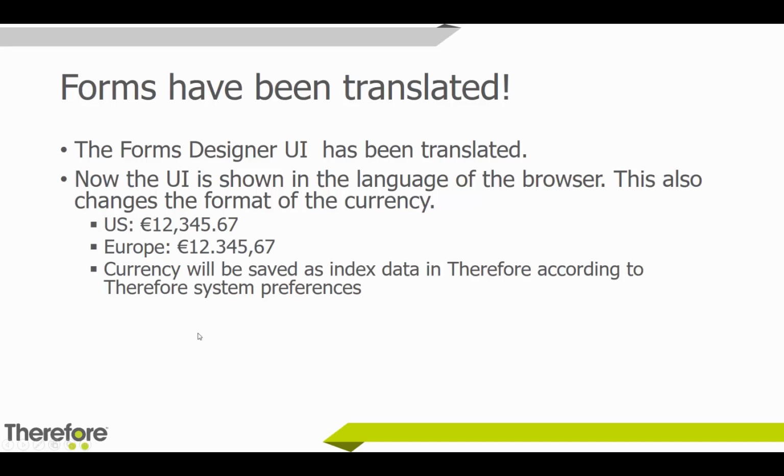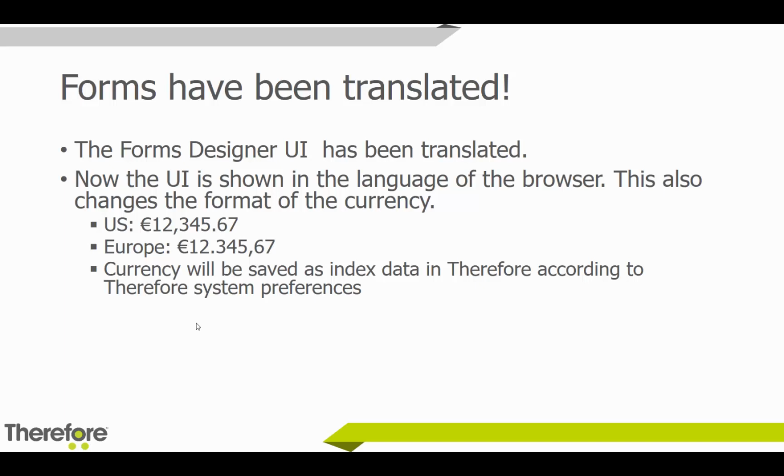How does this work? When it's actually saved into the therefore system, the index data is saved in therefore according to the therefore system preferences. So the user will enter the data as it is correct for them according to the browser, but then the therefore system is intelligent enough to convert those amounts to however the administrator of the therefore system has configured the currency amounts to be set.